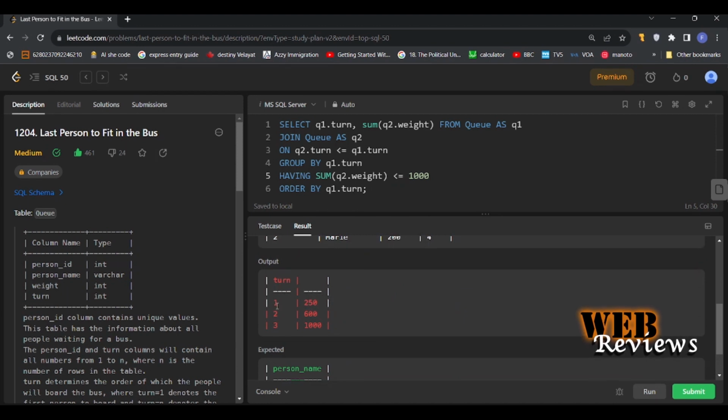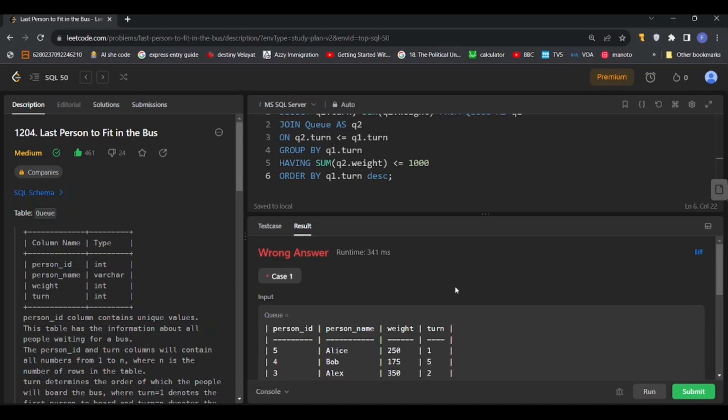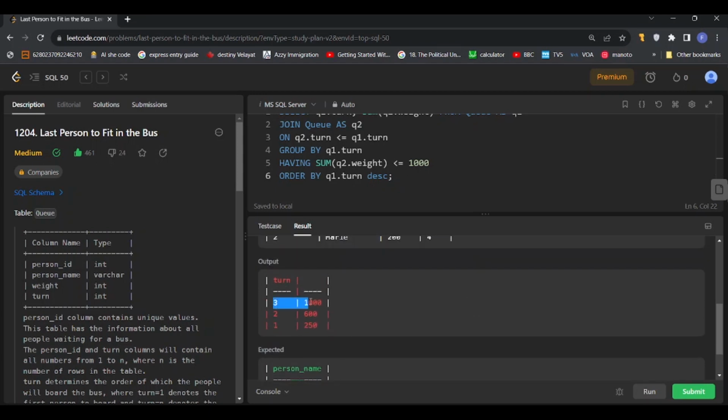We know that these are the only possible cases because after person number 3, the rest of the people weigh more than 1,000 kilos, so they cannot be the right answer. And the only thing here is to take this last person. For that, we can order by descending, and that brings the last person to the beginning of the query. So here we have our answer to the top of the query.